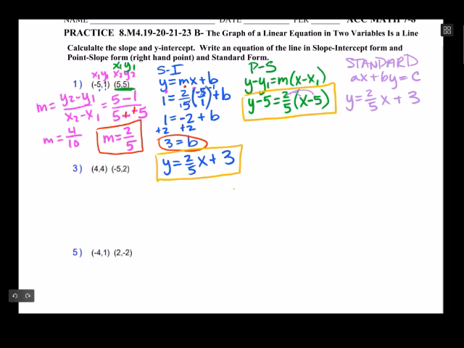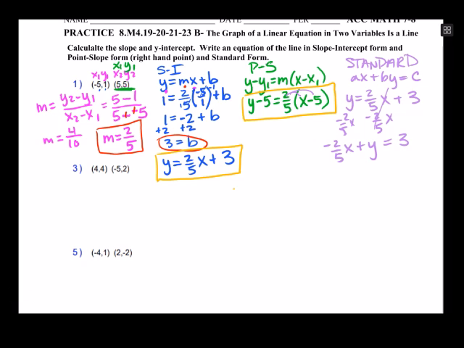So I need x and y on the same side, so I'm going to subtract 2 over 5x from both sides. These are not like terms. 2 over 5x plus y, these cancel, equals 3.